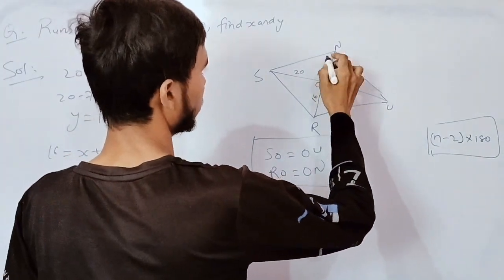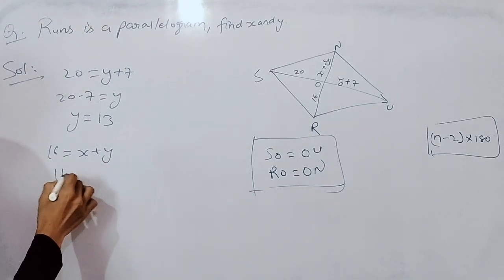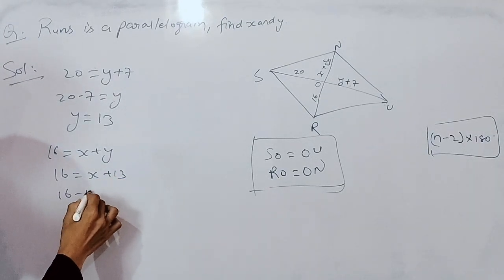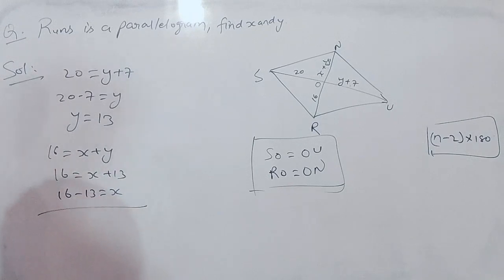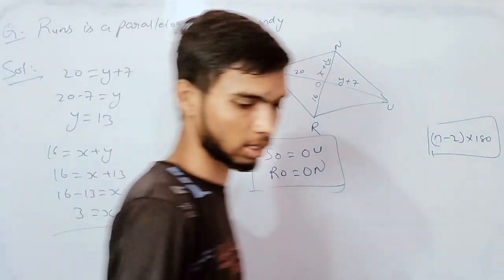So we got y as 13. We will put 13 here: 16 is equal to x plus 13. So 16 minus 13. Finally, we got x as 3.